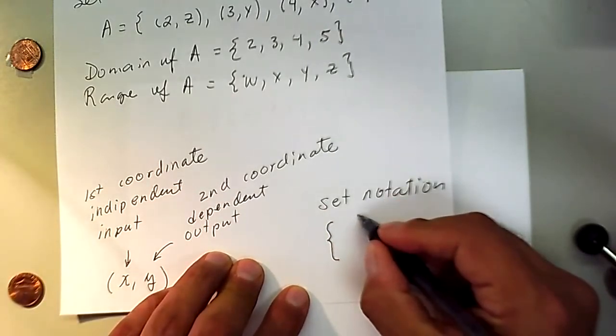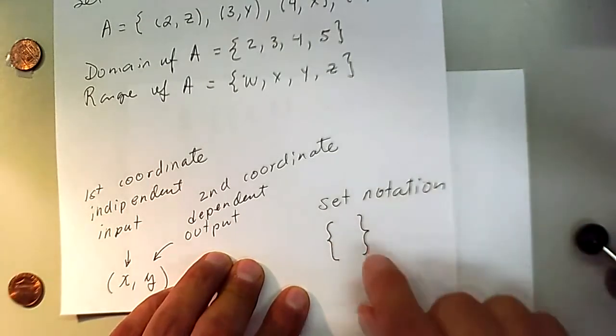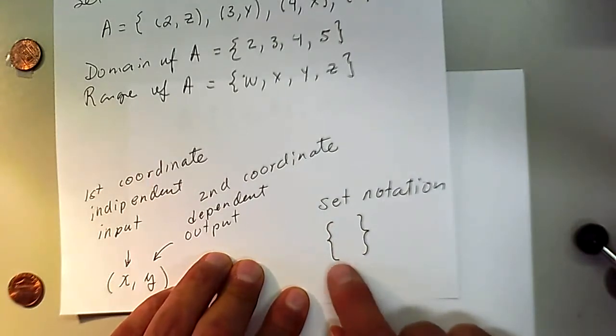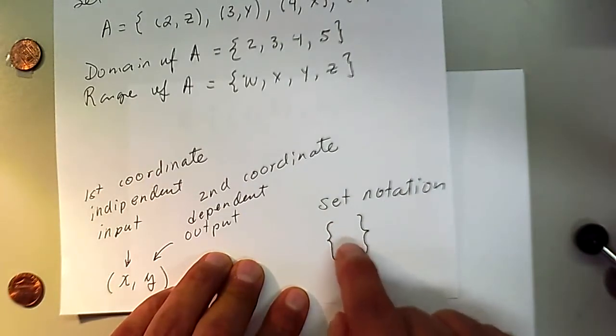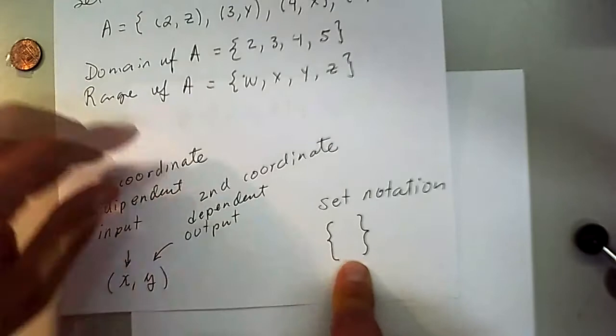And then the S backward, and then the regular S, and that creates the other kind of bracket. So anything that is contained in between those two brackets are the elements of the set in question.